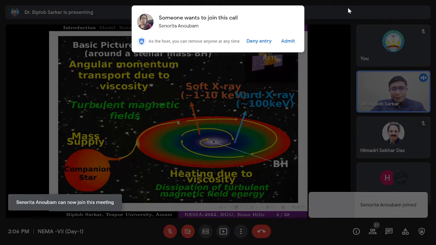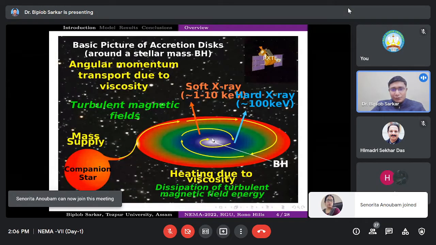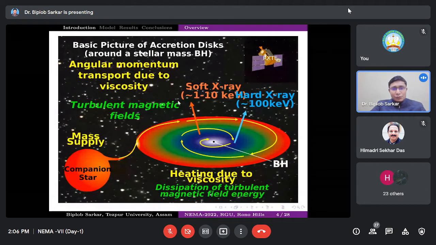And if matter in the accretion disk has to fall into the black hole, it has to lose angular momentum, and the angular momentum transport can happen due to viscosity.